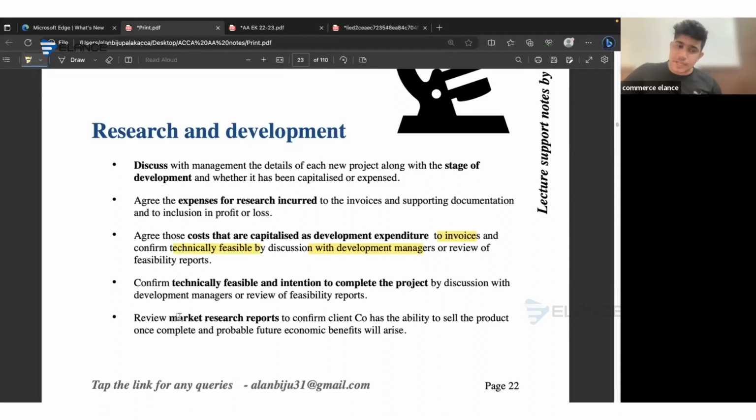And we have studied that we can review the market research report in order to understand whether the company has the ability to sell the products and whether probable future economic benefit will arise from the assets. We have studied the capitalization criteria in relation to IAS 38 intangible assets, right? So we can confirm each of those.